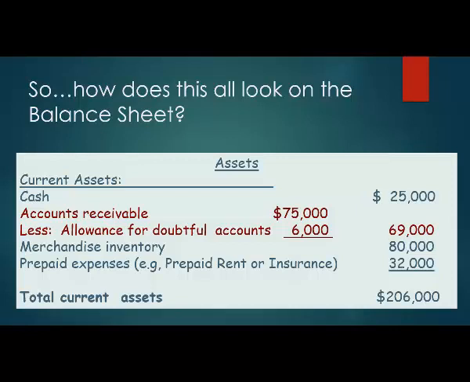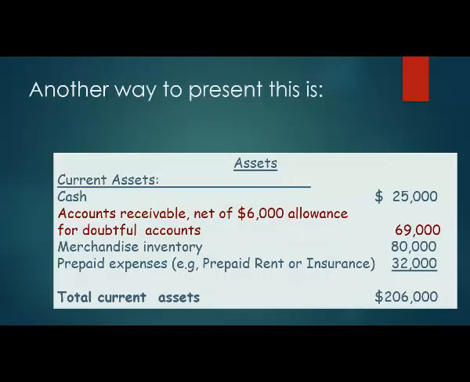How does this look on the balance sheet? A couple of ways I'm going to show you. You can list each account separately. Accounts receivable, allowance for doubtful accounts, $75,000, debit balance, $6,000, credit balance, net realizable value, $69,000. Or you can show it this way.